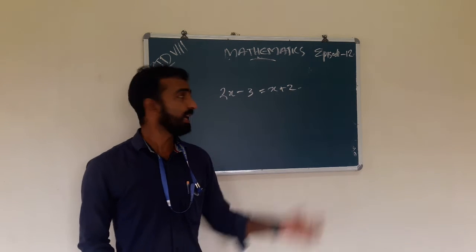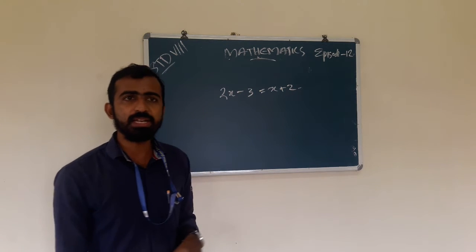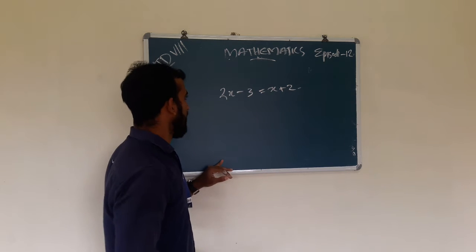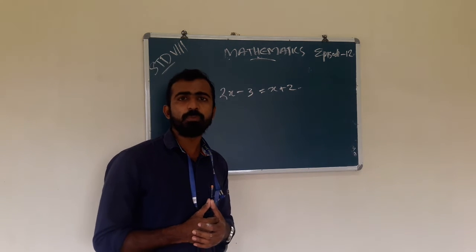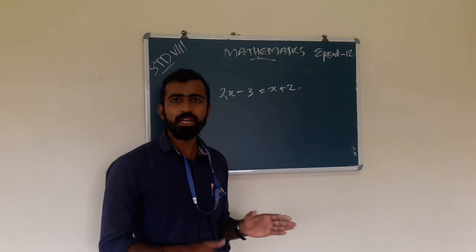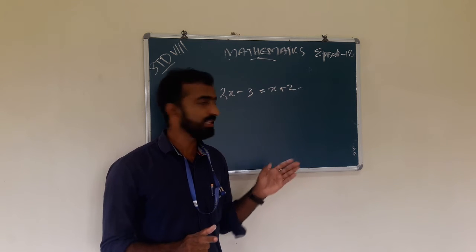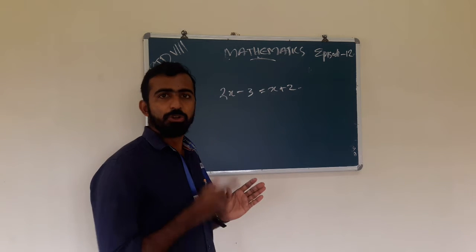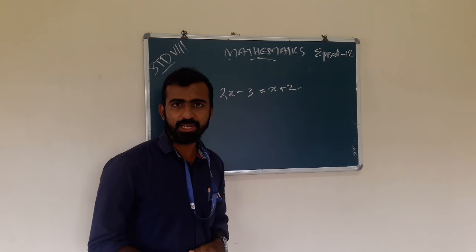Here the variable is on both sides, one on the left side and one on the right side. When we get such a problem, first we arrange the known terms in one part and the unknown terms in another part. If there is an equal sign, we arrange the known parts on the right side of the equal sign.